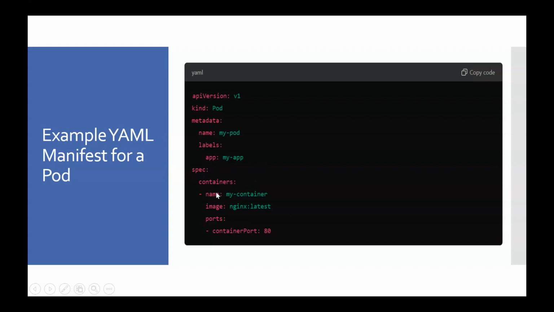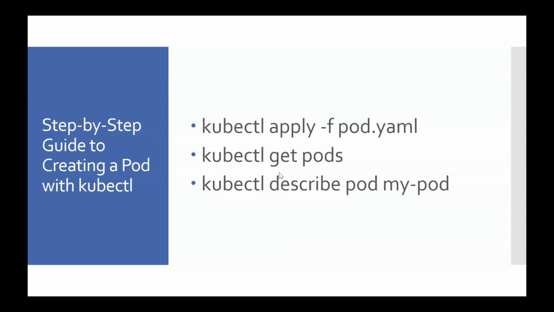And inside that, you can write whatever you want. Like if you want to create the replica set, you can specify the replica set details here. Okay, now let's go ahead. Once you have created the Kubernetes manifest file, you can use this command kubectl apply -f.